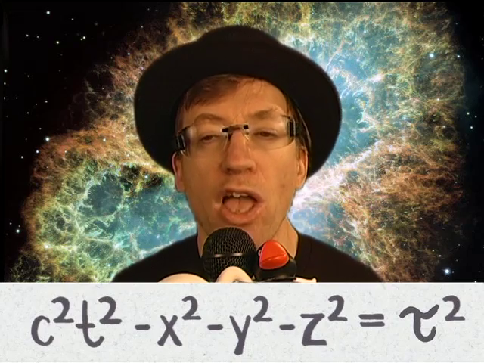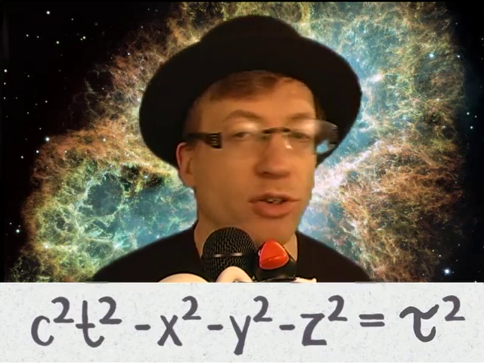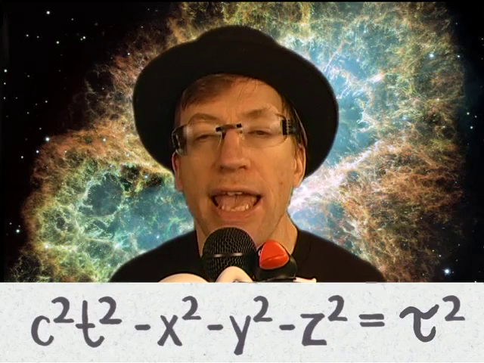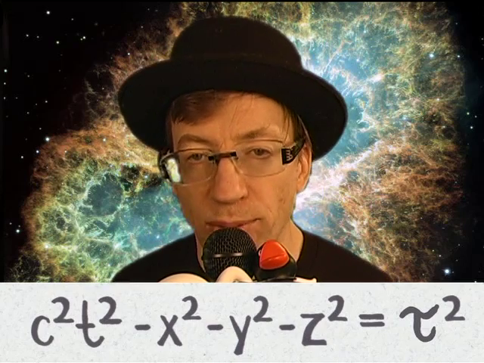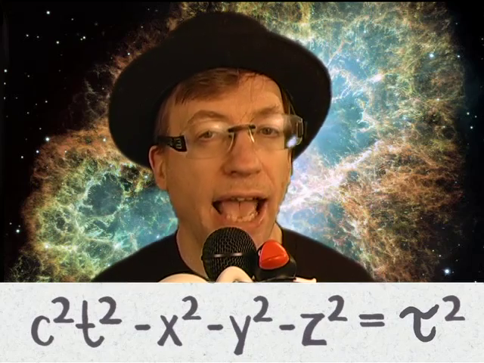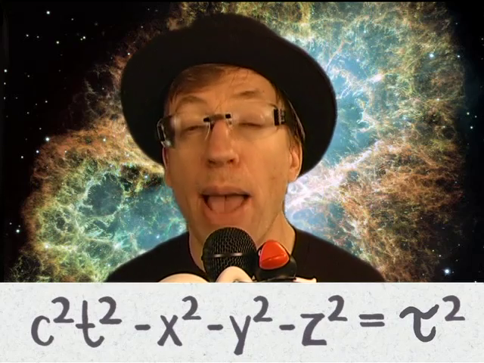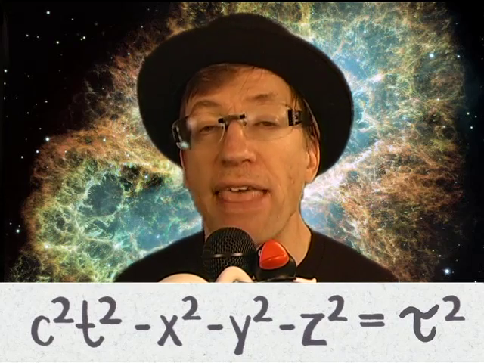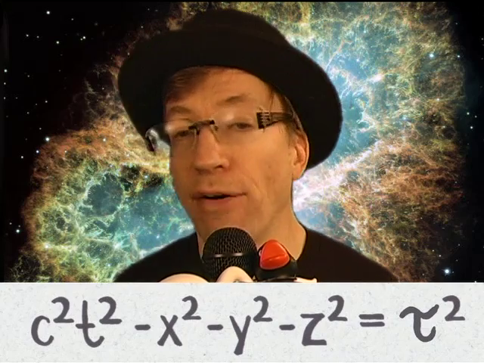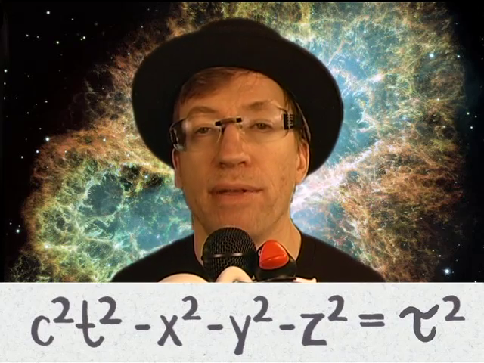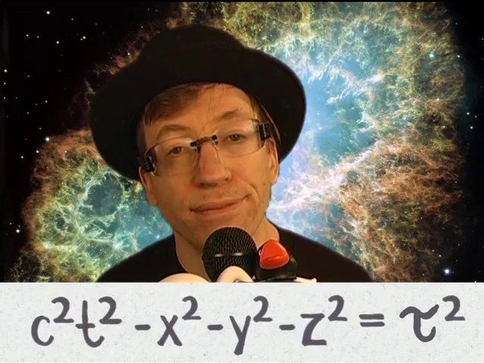Okay? So what Einstein said everybody's going to agree on is that c squared t squared minus x squared minus y squared minus z squared. That's called the Lorentz invariant interval. That everybody's going to agree on.